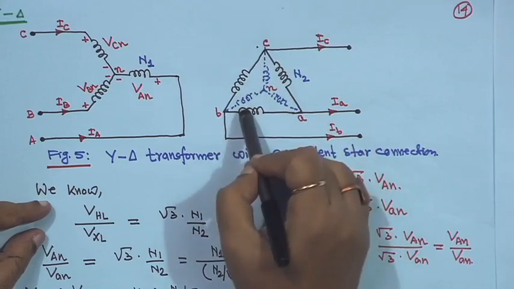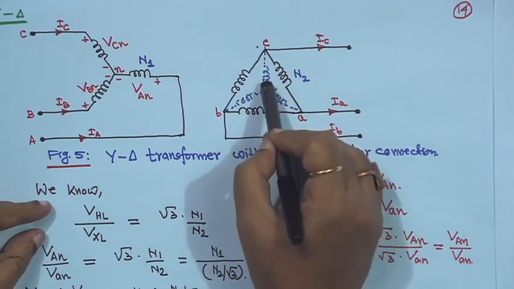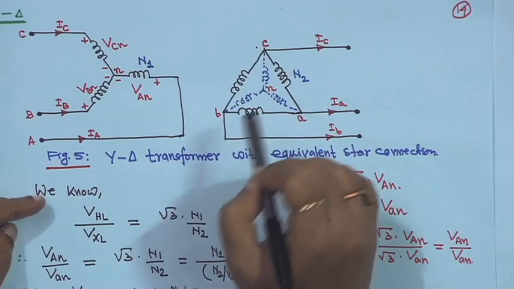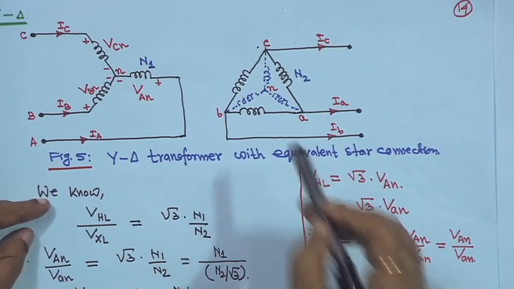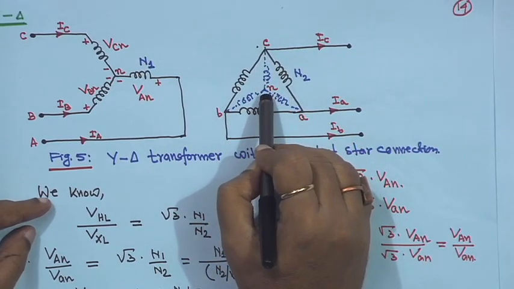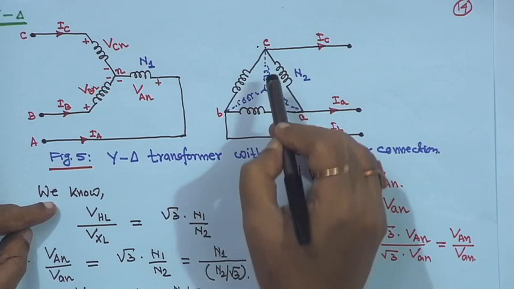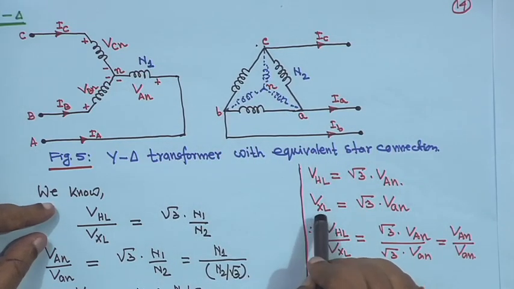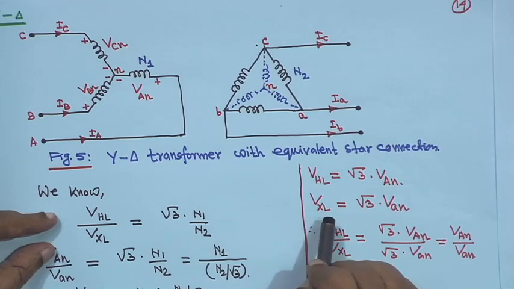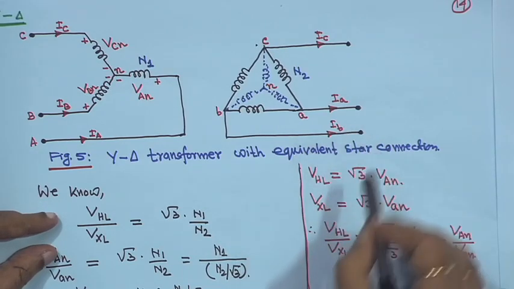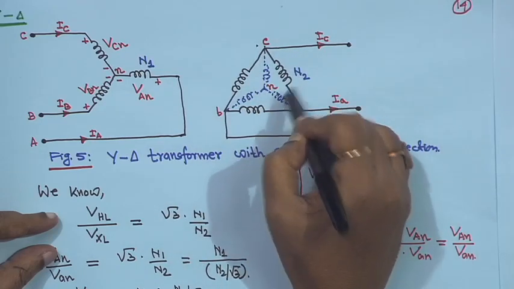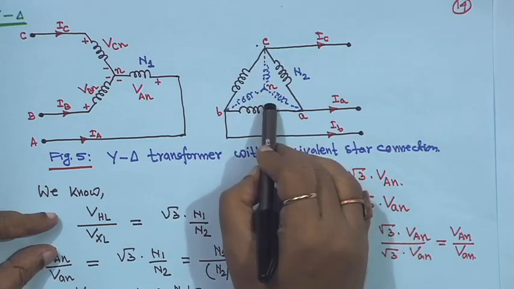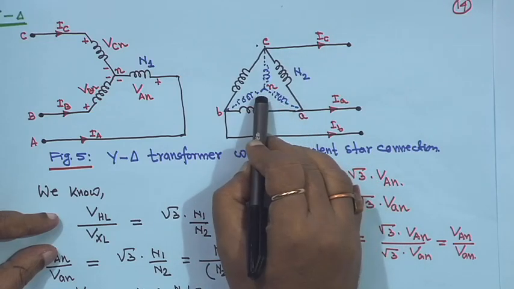We are assuming this delta can be made an equivalent star. In reality this star is not there, but for mathematical representation this is an equivalent star and a neutral is available. That means for the delta case, if this equivalent star is available, then X stands for low voltage side. So the low voltage side line voltage, that means VAB, VBC or VCA, is equal to root 3 times van, that is the equivalent star line to neutral phase voltage, right.